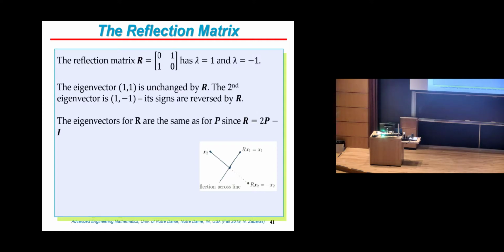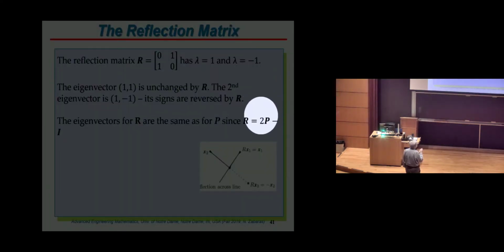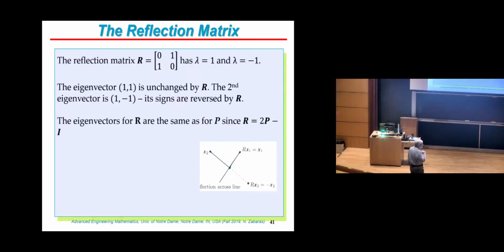Remember from the previous slide, what did we get? It was 1 and 0. So now you have a matrix where you take 2 times the projection minus the identity. What do you think removing the identity does to the eigenvalues and to the eigenvectors?